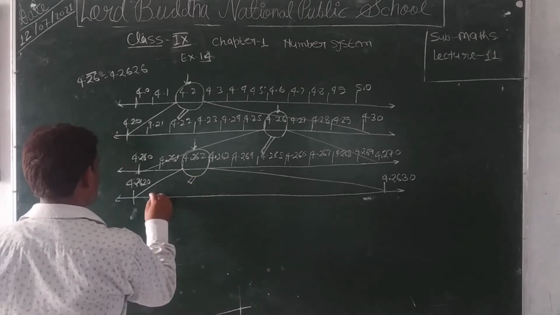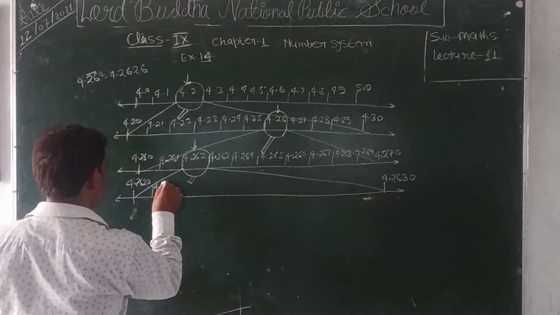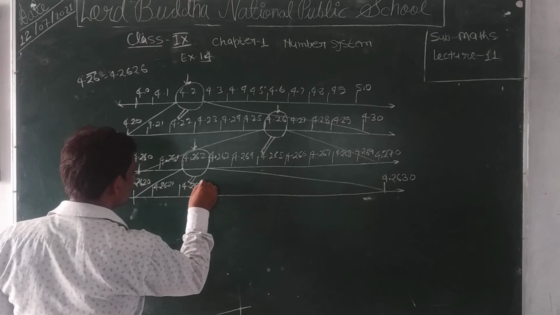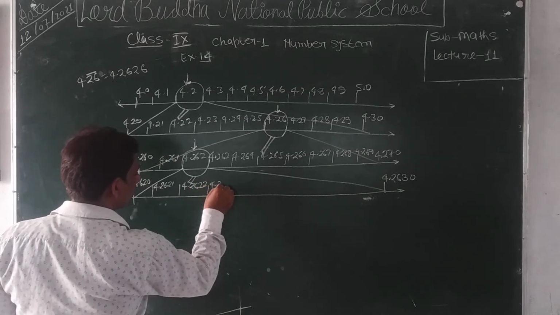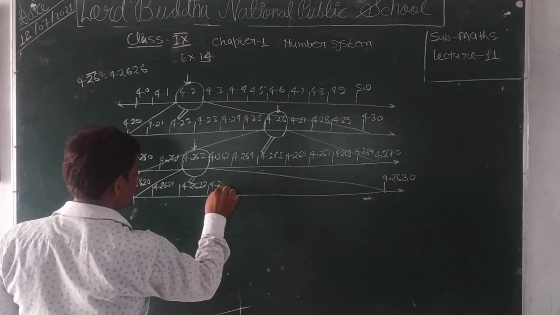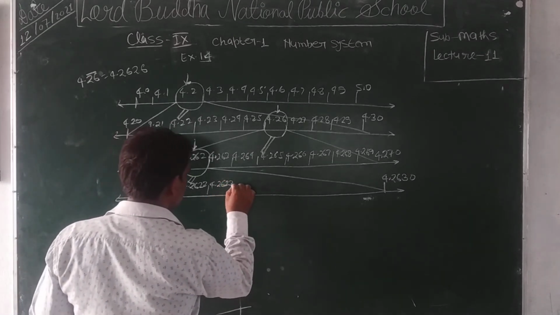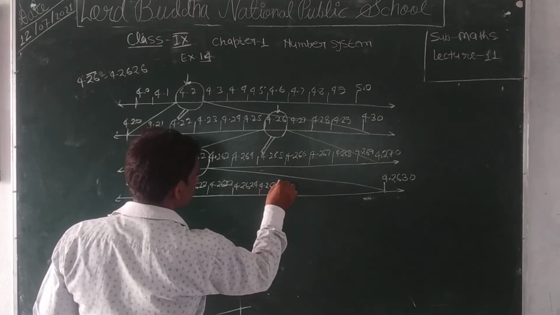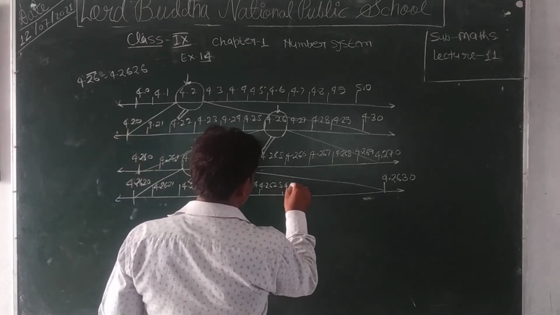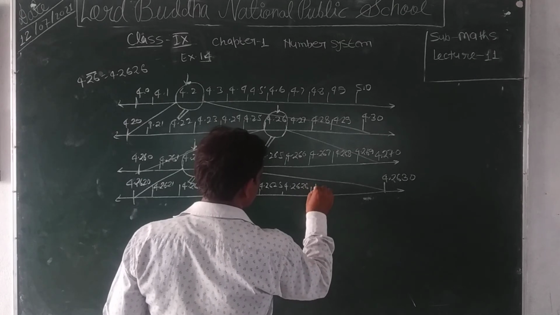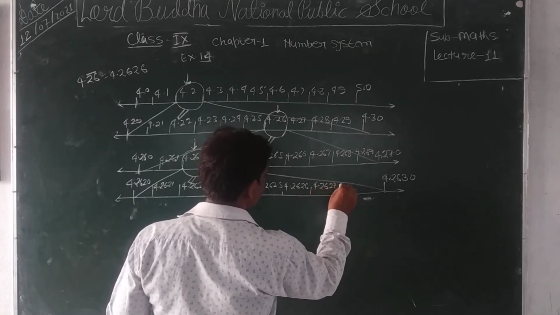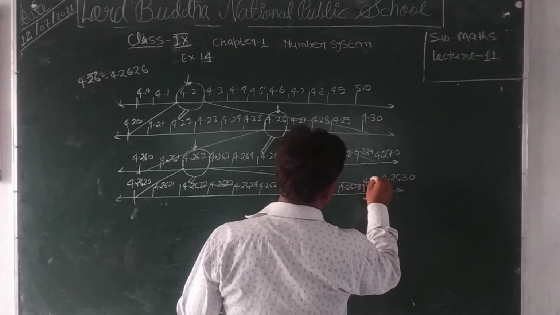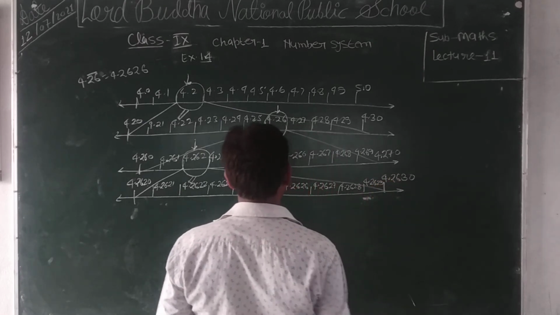Now, the first one will be 4.2621, 4.2622, 4.2623, 4.2624, 4.2625, 4.2626, 4.2627, 4.2628 and 4.2629.